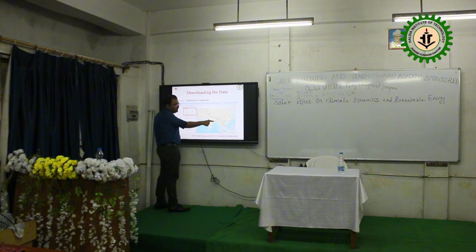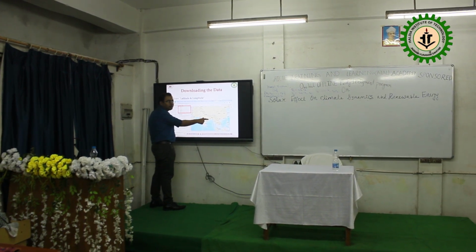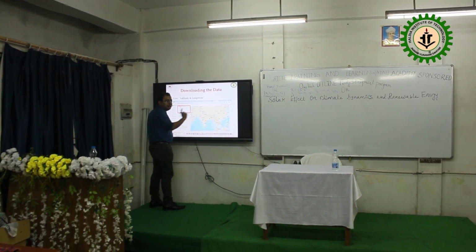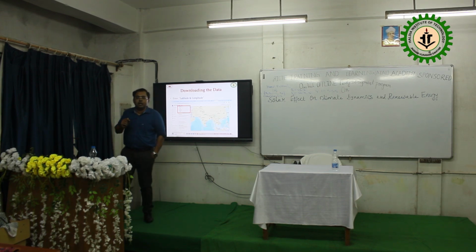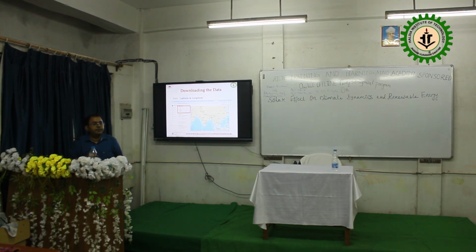You can see a dot is there, and the dot is actually showing that our point of interest is Haldia, because we are putting the lat and long of the particular location. 22.6, 88.08.